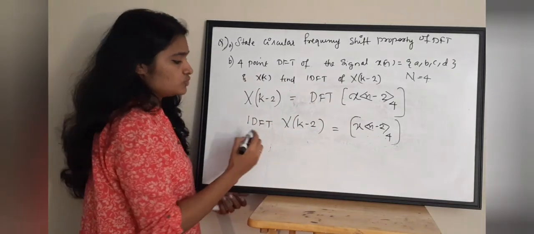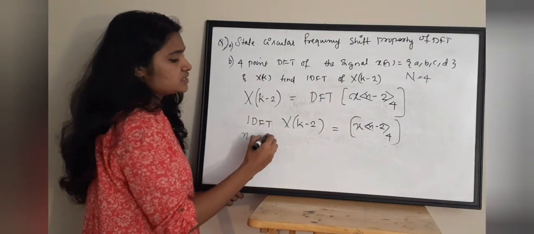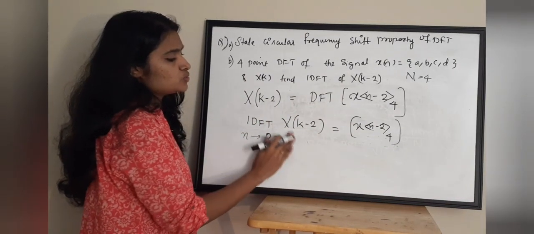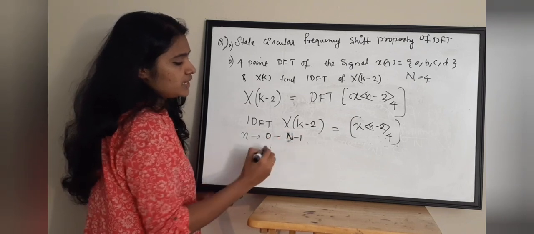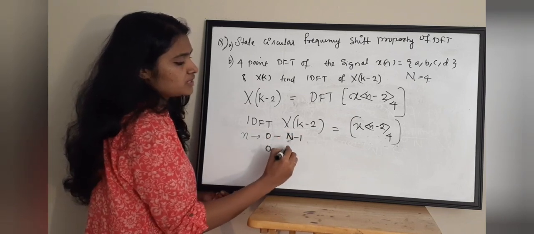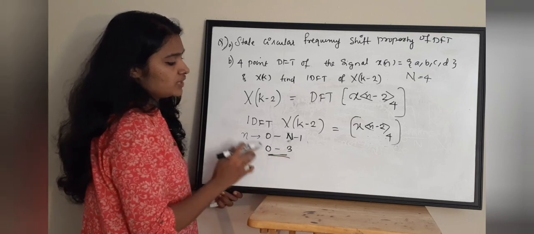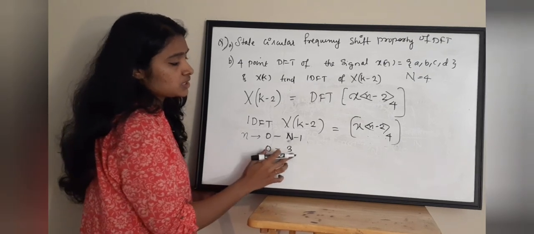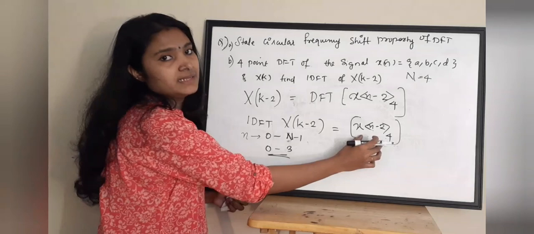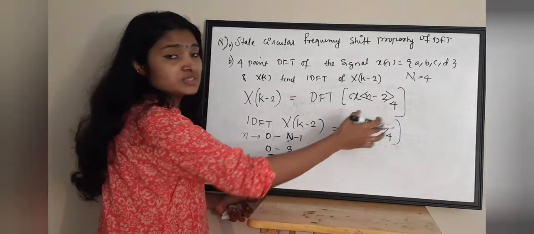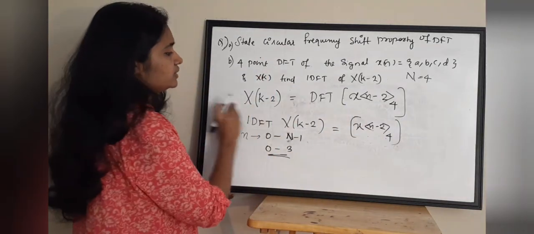The small n value varies from 0 to 3, that is 0 to N minus 1, so 0 to 4 minus 1, which is 3. If you vary n from 0 to 3, you can obtain the IDFT, or your shifted sequence.